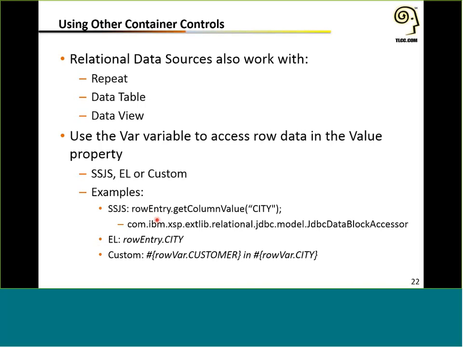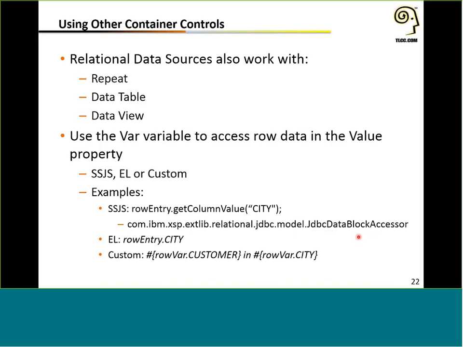So as we're repeating through a set of relational data, to access each row, we use that var variable. Let's say it's called row entry. And then I can use get column value to get the value for that particular row for that column. And that's actually the Java class's JDBC data block accessor.